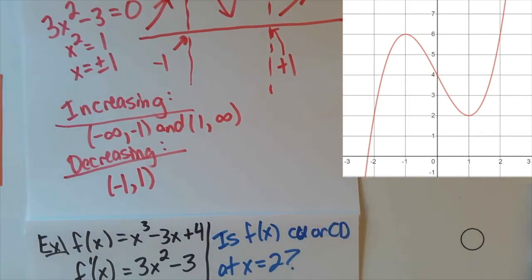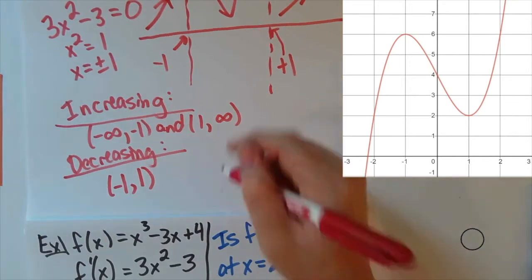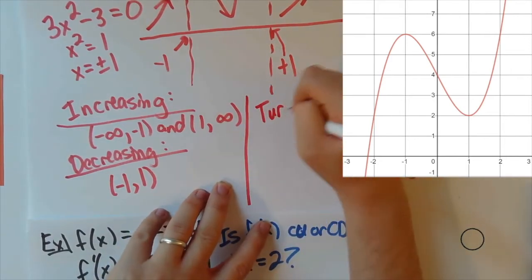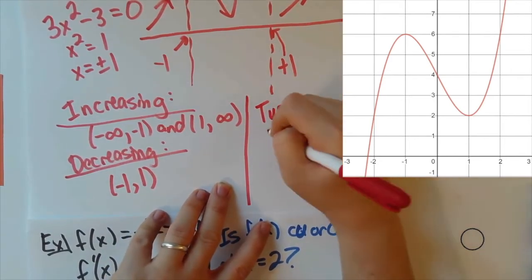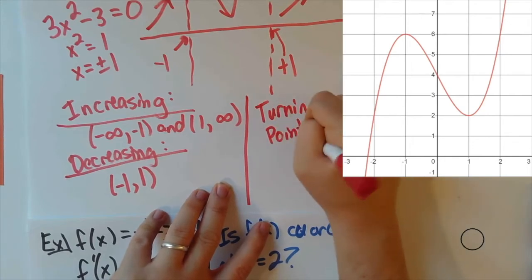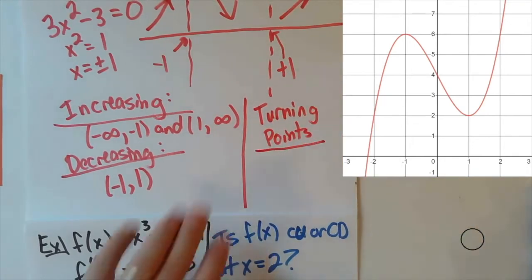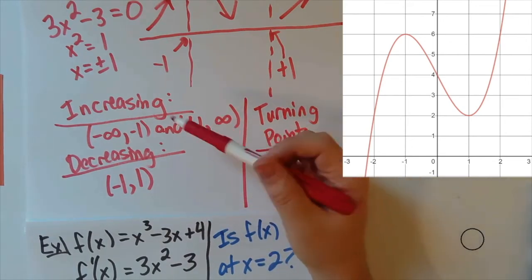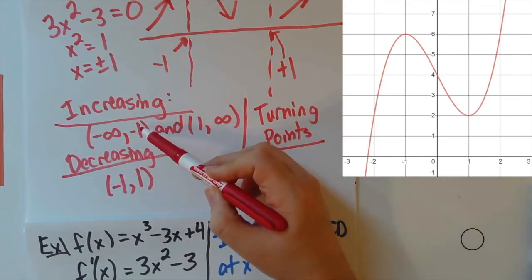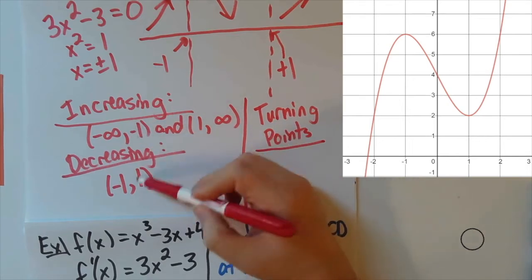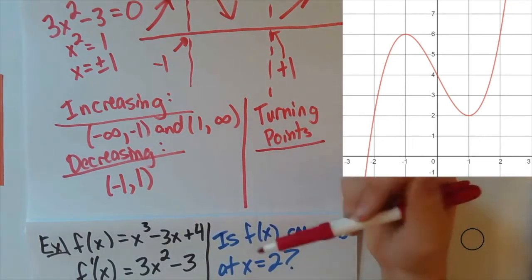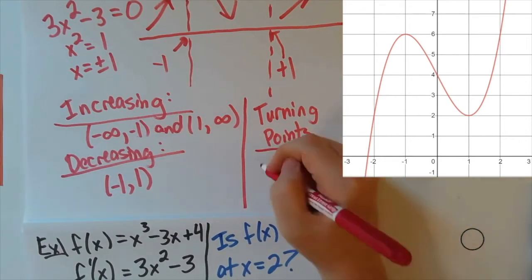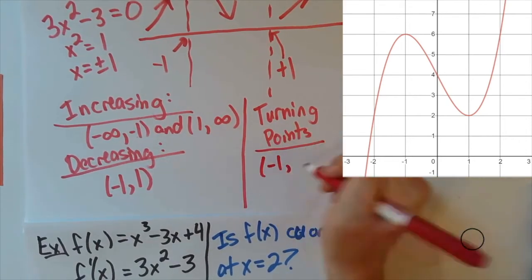Okay. Finally, you might be asked about the turning points. Those are, again, the points where the function switches from increasing to decreasing. So in this case, there are two of them, and they correspond to this x equals -1 and this x equals 1. I should clarify, it's where it switches from increasing to decreasing or decreasing to increasing. So they happen at these two x values.